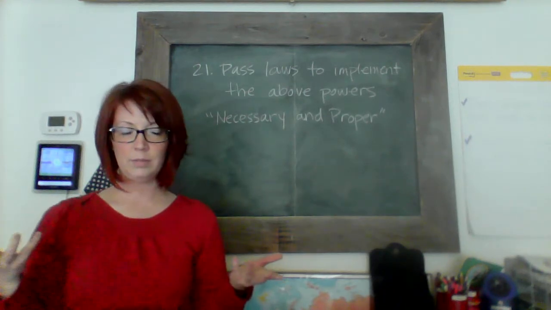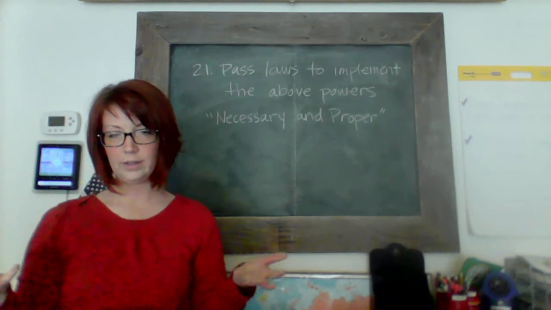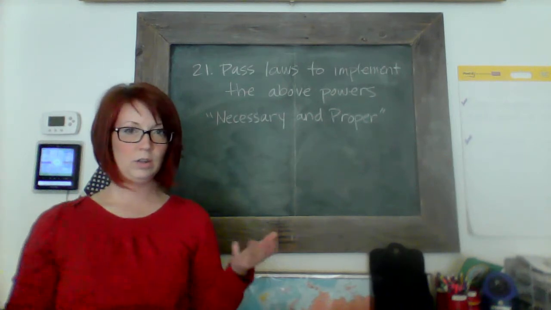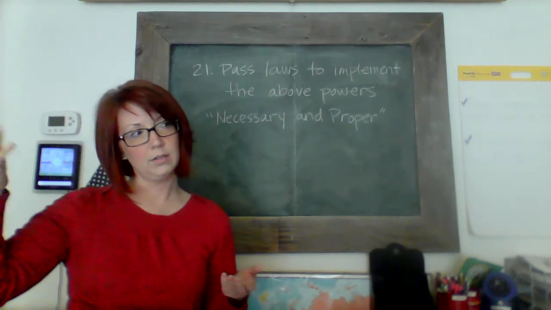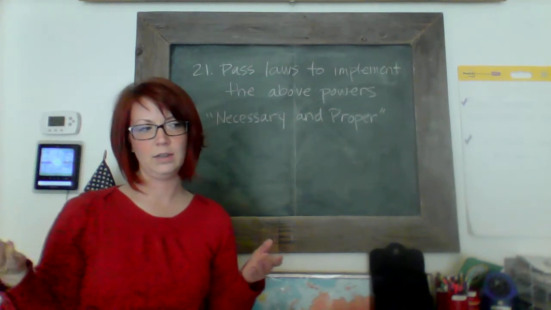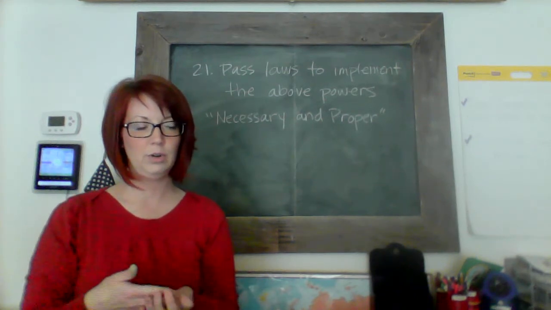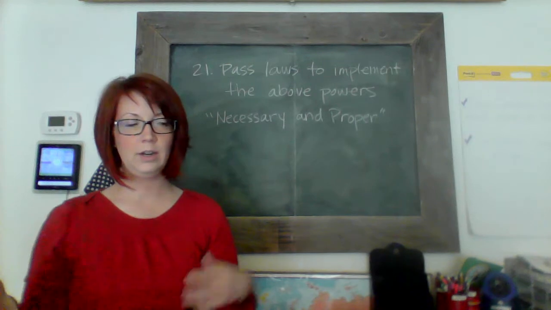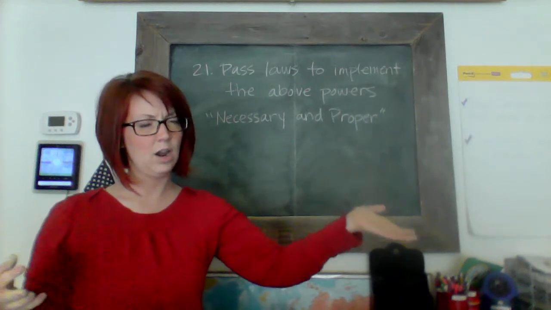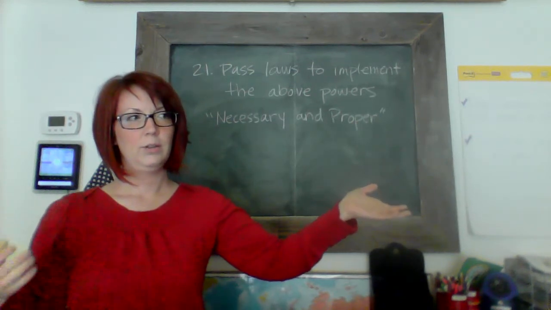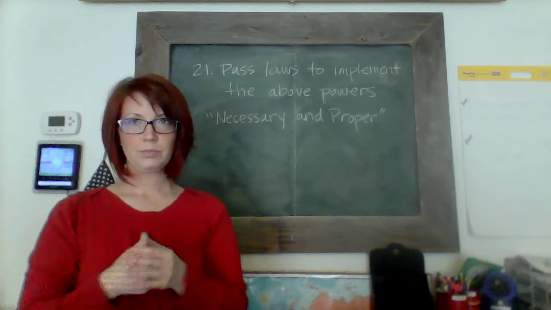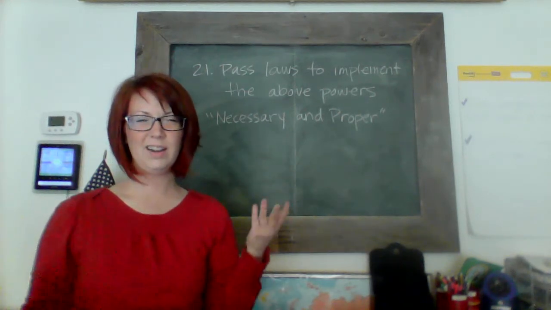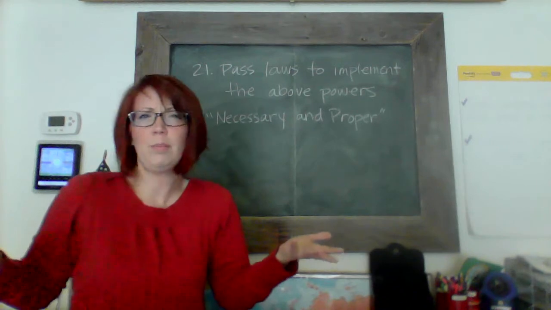That's kind of a subjective term, right? That's kind of open. Well, if this House of Congress thinks that it's necessary and proper to write a certain piece of legislation, but this House of Congress thinks it's not necessary and proper, well, there can be some debate, right? So it's all kind of open: what does necessary and proper mean?